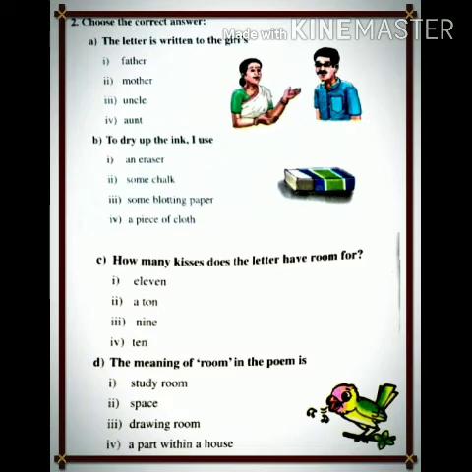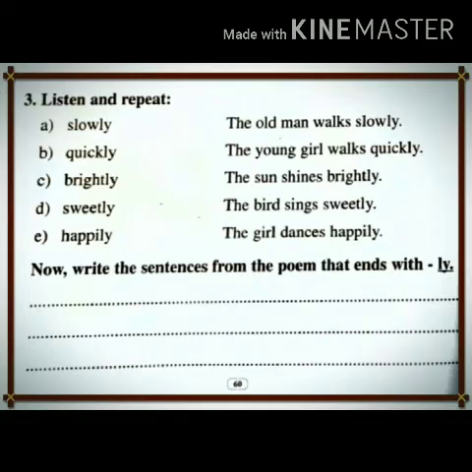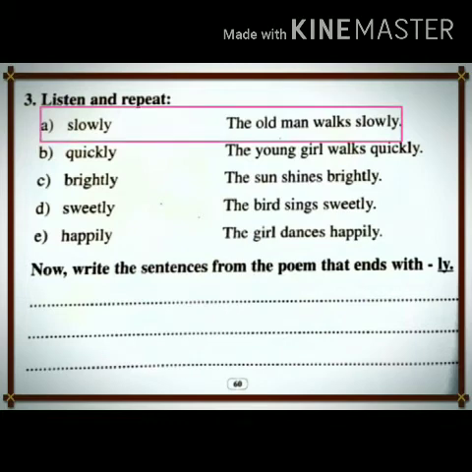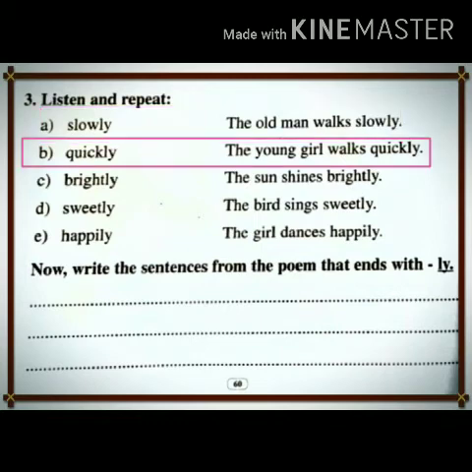Now let's see the last activity of the day, activity 3. Listen and repeat. Here you are asked to listen to the words and sentences carefully and repeat the words and sentences after me. A. Slowly. The old man walks slowly. B. Quickly. The young girl walks quickly.